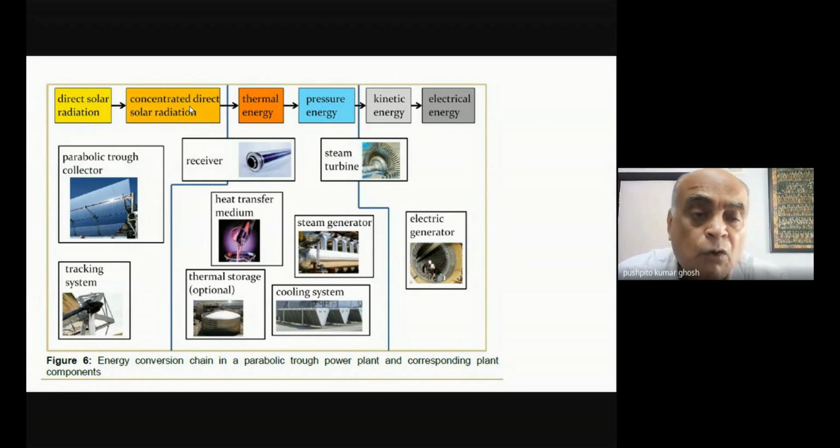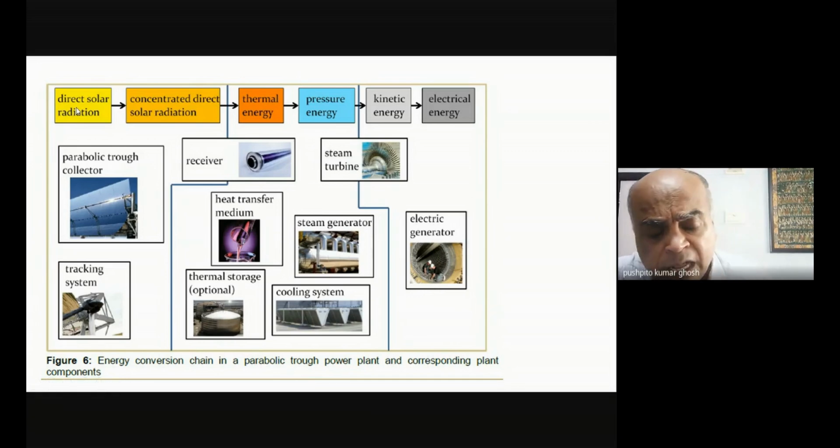Now, we had mentioned this to you in the last class, that you can only concentrate the direct radiation. We know that solar energy as we see it has two components.